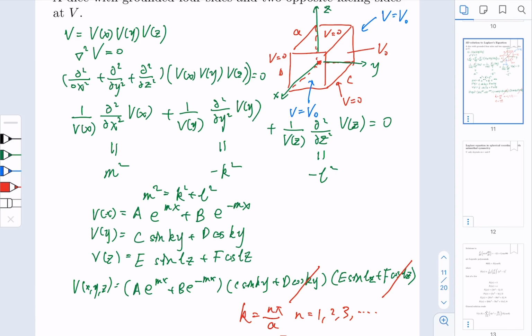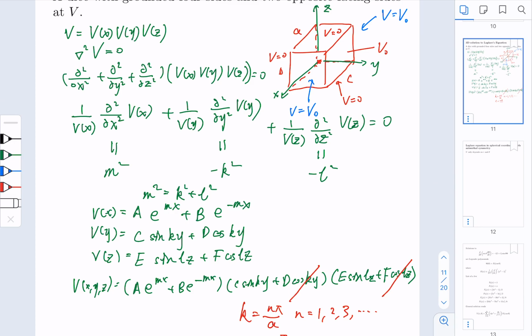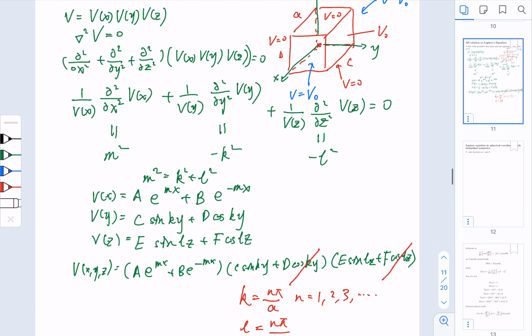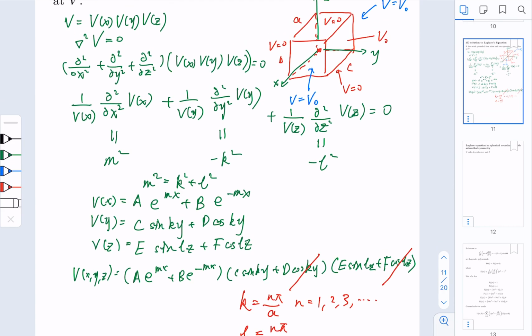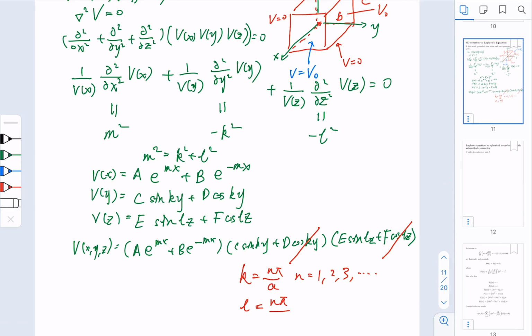The AC is redundant here. Say along the x direction, the length is A, and along the y direction, the length is B, and along the z direction, the length is C. And now K should have a length of B, and L should have a length of C.